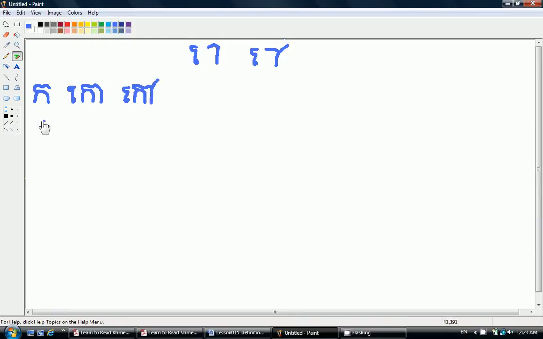Now with khaw. Write cow, khaw srao cow.